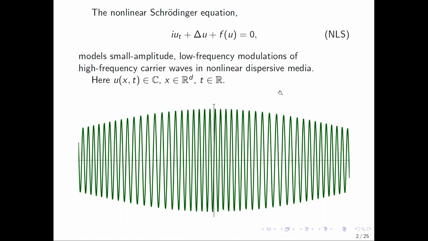For the application to water waves that I mentioned, this equation only appears in the one-dimensional setting. In the two-dimensional setting, if you want to model water waves, you would go to Davey-Stewartson. But the nonlinear Schrodinger equation appears as one of the equations in the Davey-Stewartson system, so we'd want to understand the nonlinear Schrodinger equation to understand Davey-Stewartson.